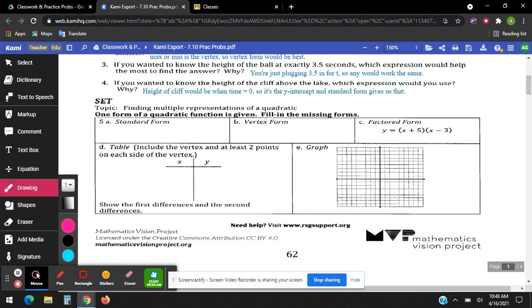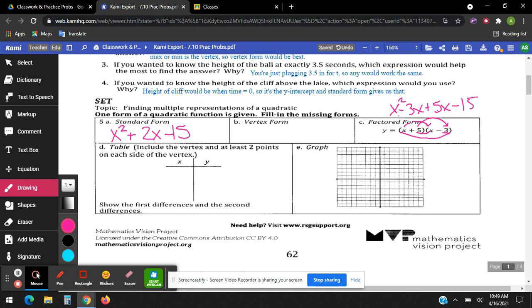So when I do my multiplication, I'm going to write it up here: x squared minus 3x plus 5x minus 15. To simplify, standard form would be x squared, negative 3 plus 5 is a plus 2x, minus 15. Okay, so there's my standard form.